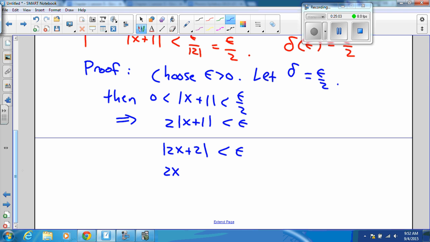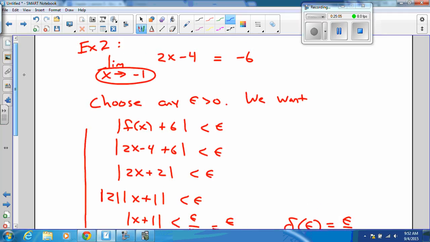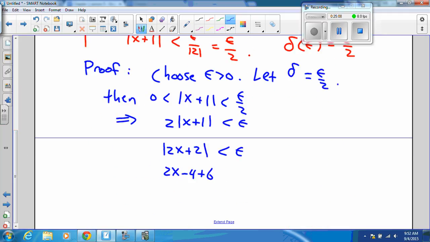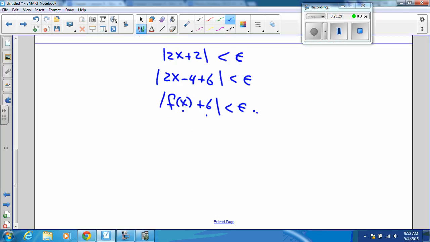And 2 times |x minus negative 1| is the same as |2x plus 2|, which is the same as, I forgot my f(x), there we go, |2x minus 4 plus 6|, so that |f(x) minus negative 6| is less than epsilon. So when |x minus negative 1| is less than delta, then |f(x) minus negative 6| is less than epsilon, and we win.